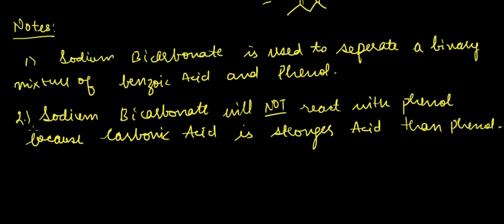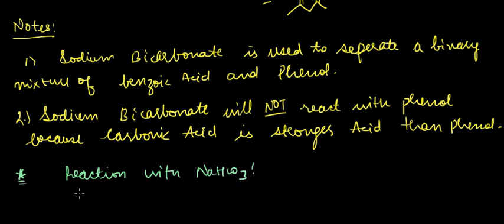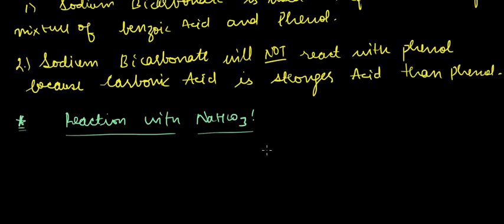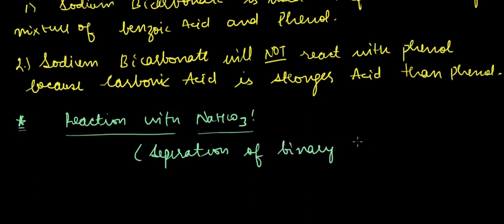Okay, so let's now look at the reaction of these two compounds with sodium bicarbonate, NaHCO3, and let's see what is the product formed after the reaction. So it is used for separation of a binary mixture. We'll just see the reaction in a few seconds.